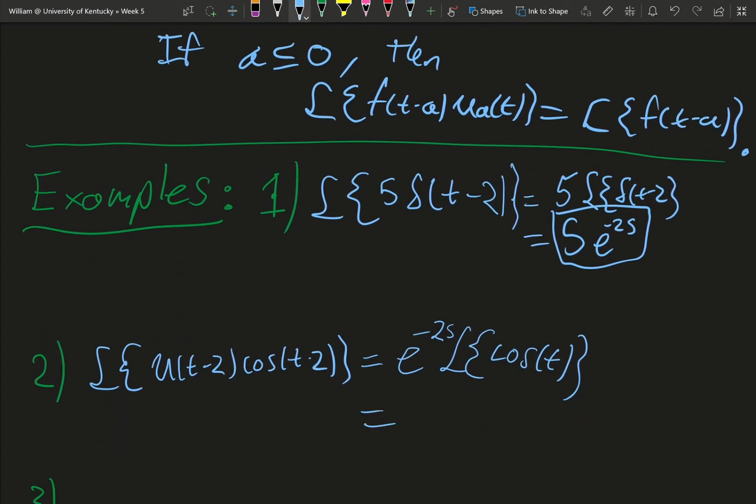And so using the formula for cosine, I'm going to get e to the negative 2s times s over s squared plus 1.